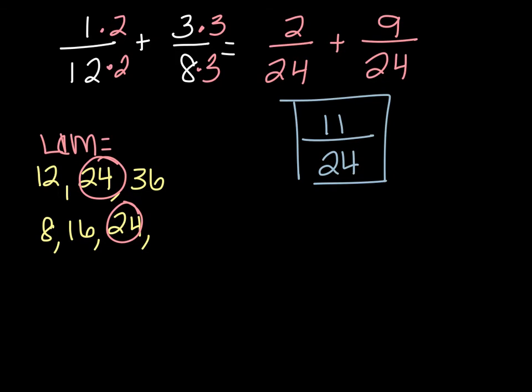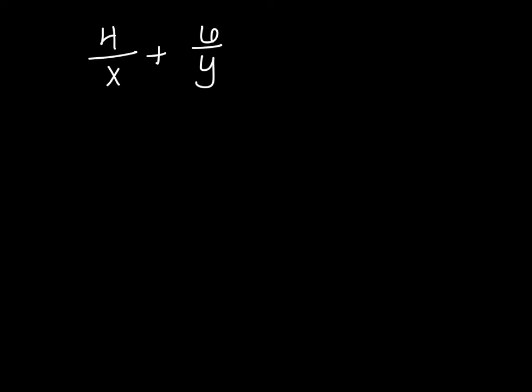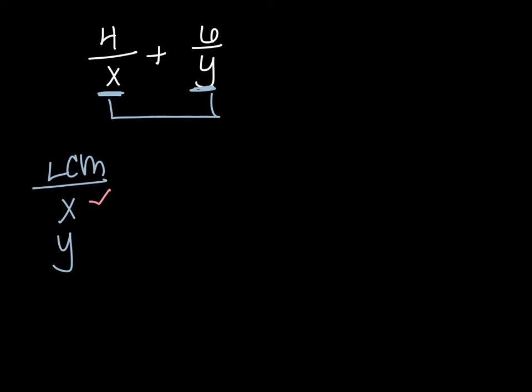So let's apply that to something with variables. So what I need is both of these to have the same thing. So my least common multiple, I need at least an x in the first term, and I need a y in the second term. So the first term, if I have an x, what am I missing?